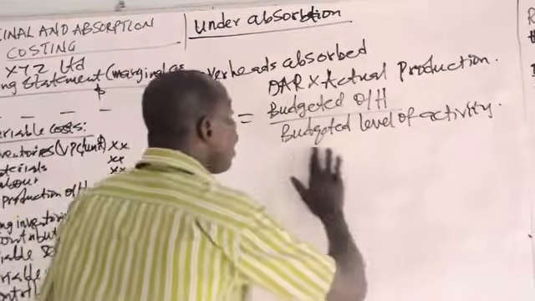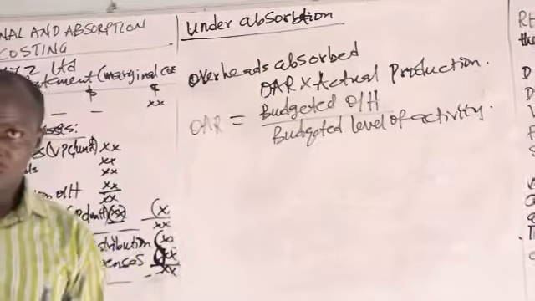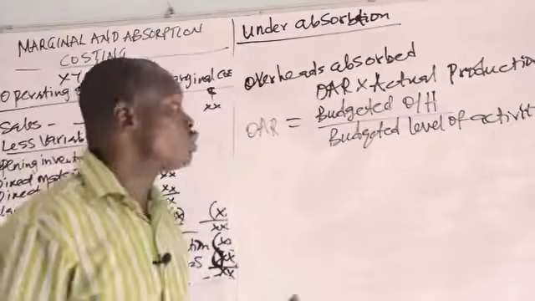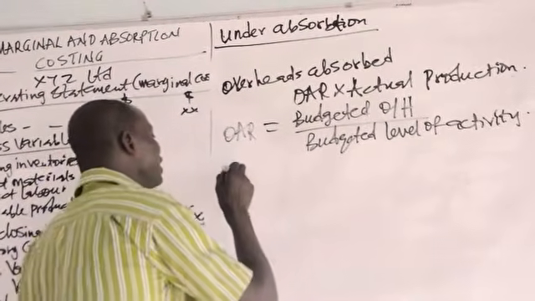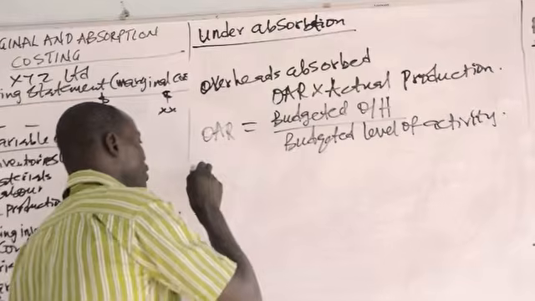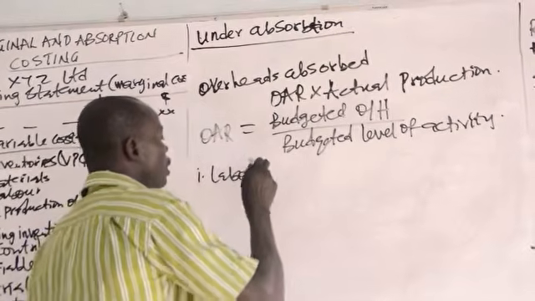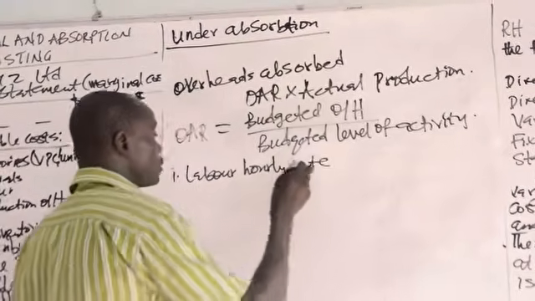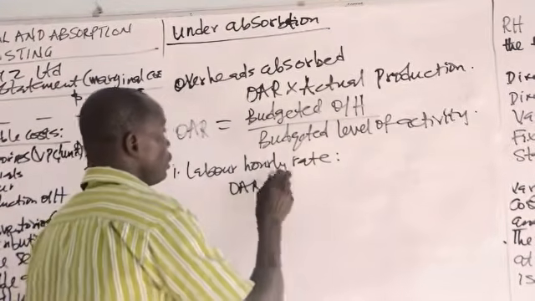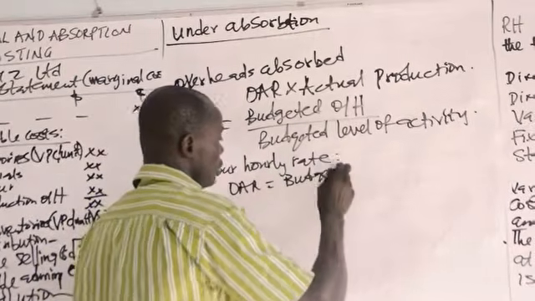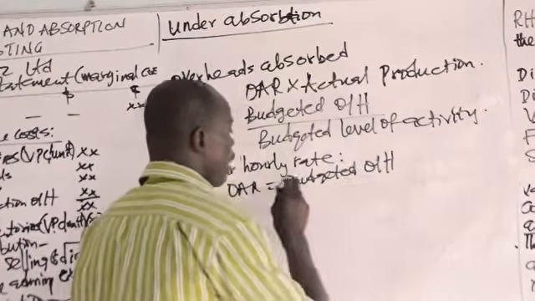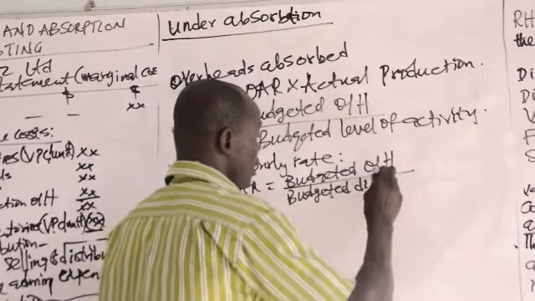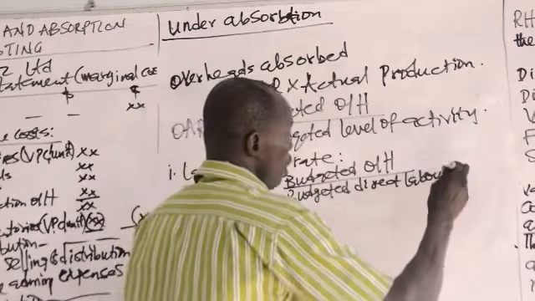Now, your level of activity could be anything. It could be direct labor. It could be machine hour. It could be labor hour. It could be output. So where it is labor hourly rate, your overhead absorption rate will now become budgeted overheads over budgeted direct labor hour.